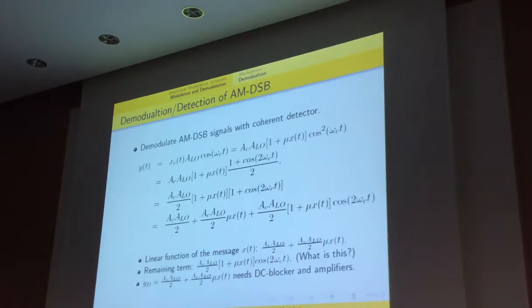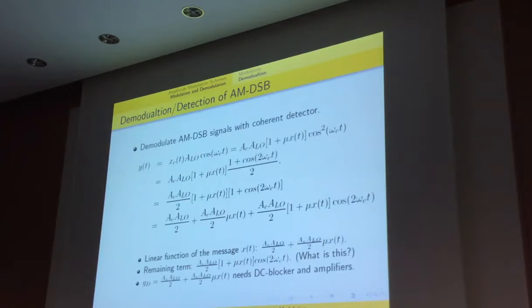Am I right? Because generally for AM DSB, if the carrier signal is omega c, the spectrum of the envelope is going to shift to a place centered at Fc. But this time, because it's 2 omega c, it's going to shift to a position centered at 2 omega c, or 2 Fc. Right?